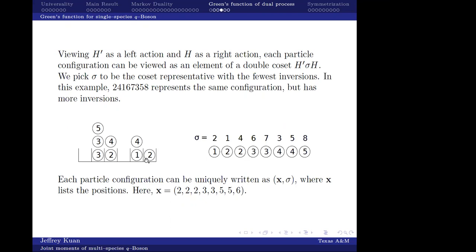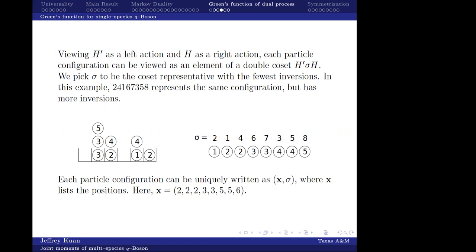So this allows you to represent each particle configuration uniquely as x sigma. So x tells you the particle locations, and sigma tells you how the species are ordered. So here, this starts at the 2 because the first class particle is second farthest to the right, and then the second class particles are first and fourth farthest to the right.